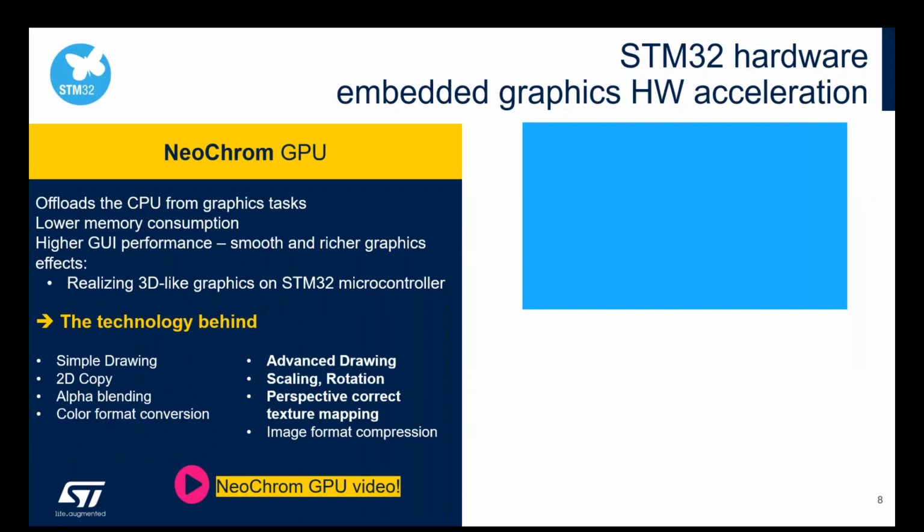Excellent. Next one here, this is, let's say, the step up. If you require more advanced drawings, scaling, rotation, perspective-correct texture mapping, we call this 2.5D, not 2D, not 3D, but 2.5D. And this is a new IP from us we call NeoChrome.